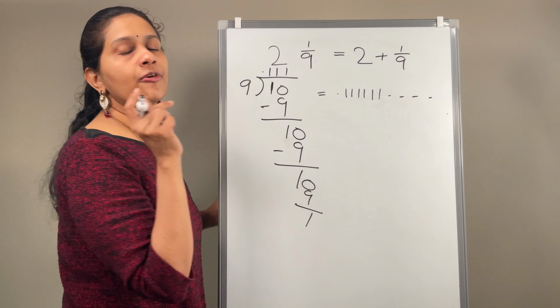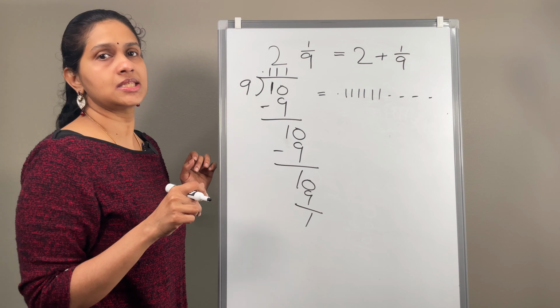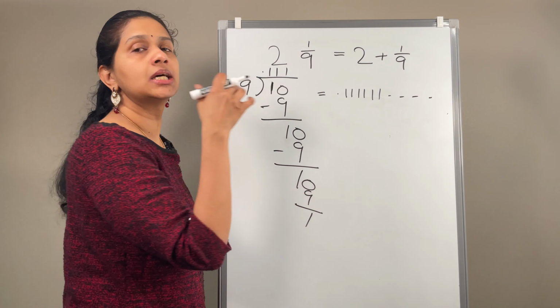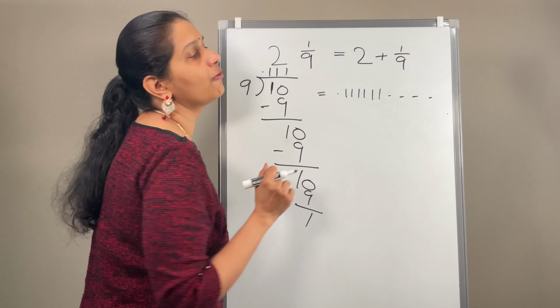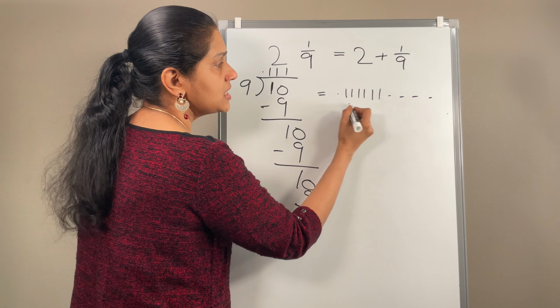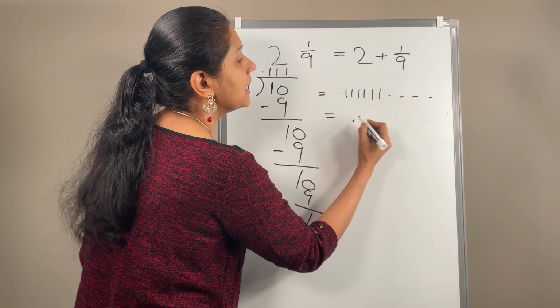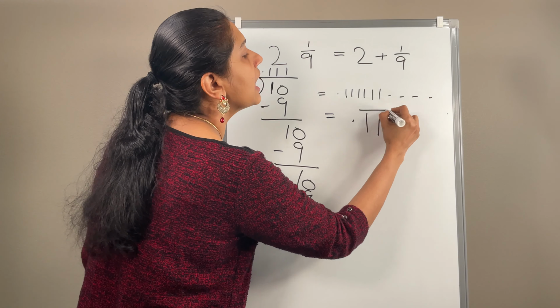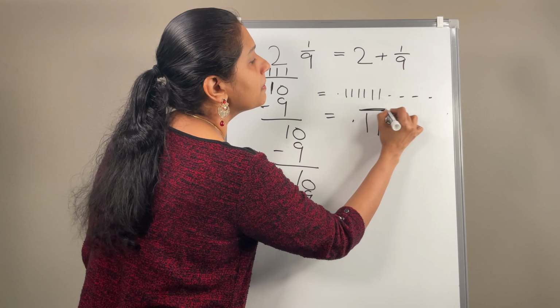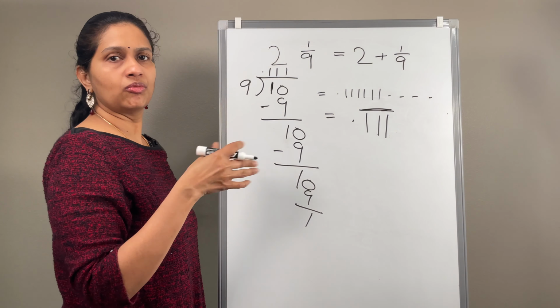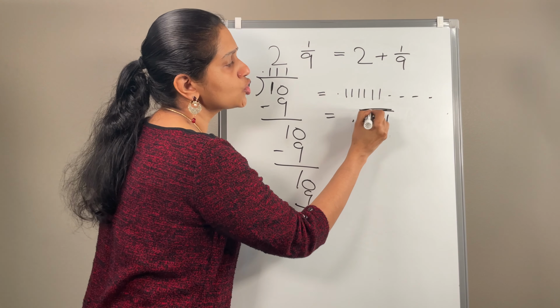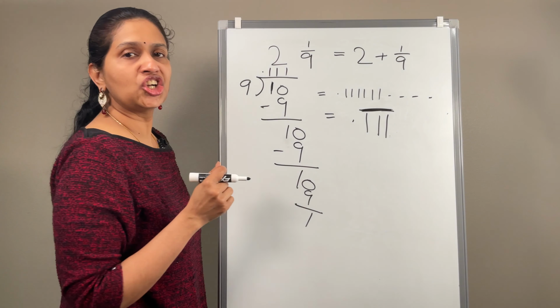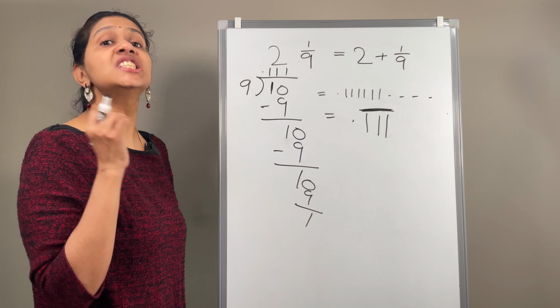This type of decimal is called a recurring decimal, which means a particular pattern repeats endlessly. So this type of decimal can be written as 0.11 with a recurrence symbol at the top, or whatever pattern you want. This symbol, a line at the top, means it is recurring, it is repeating.